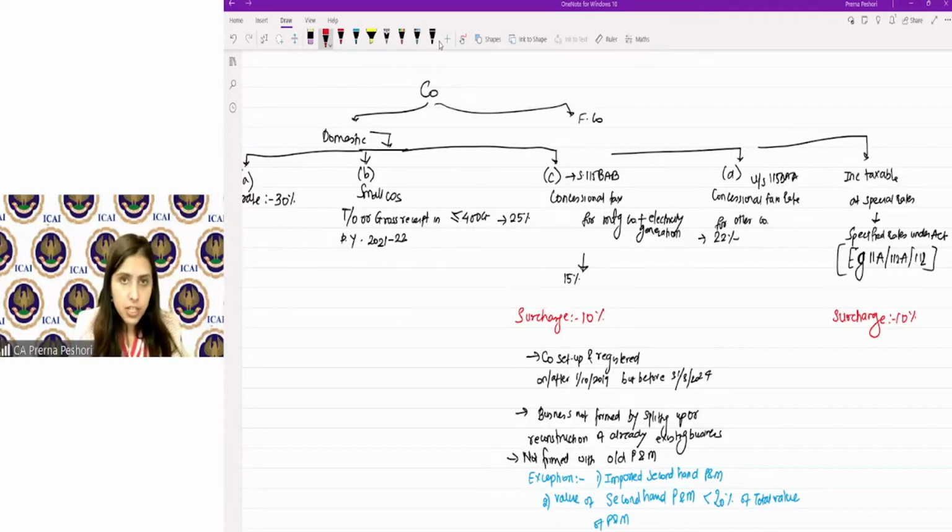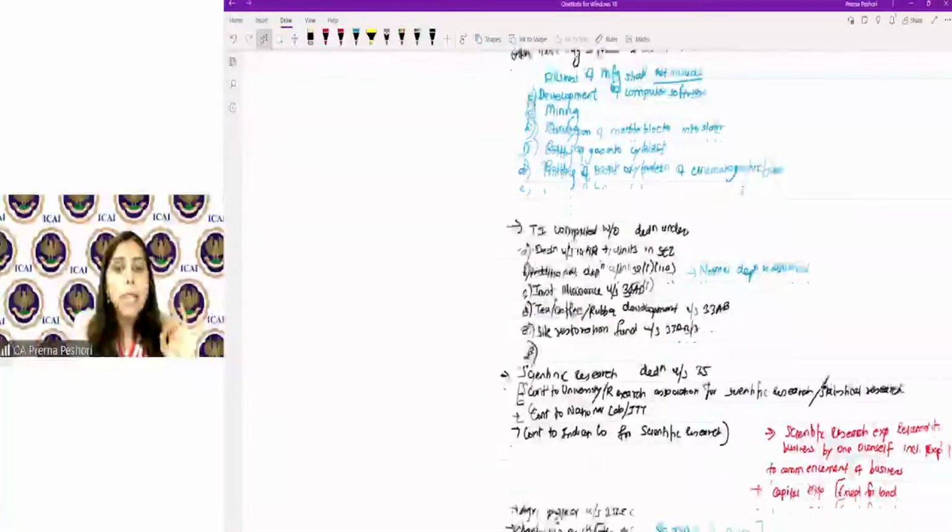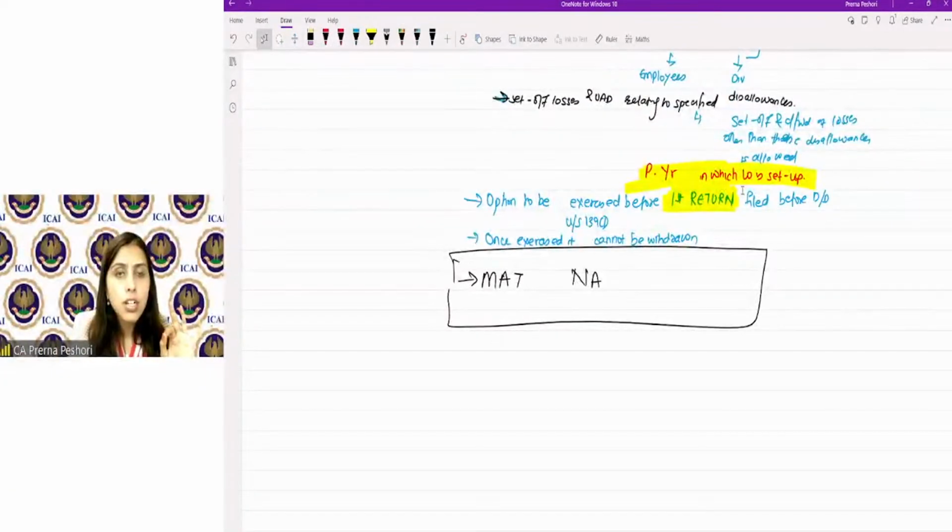And further, there will not be any deduction of any expenditure or allowances.